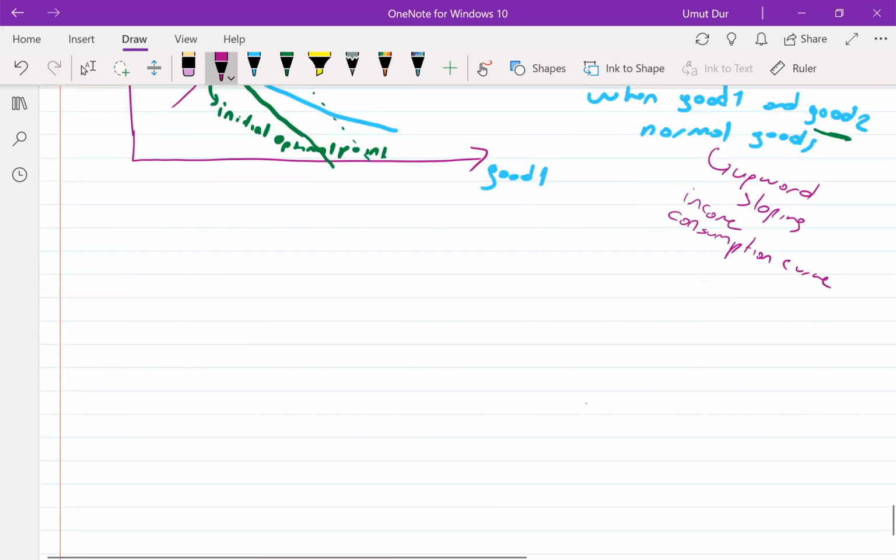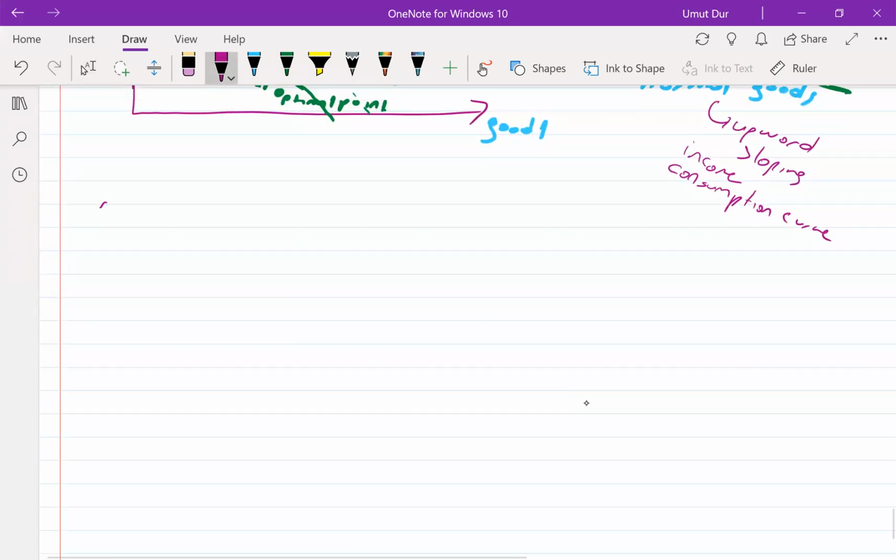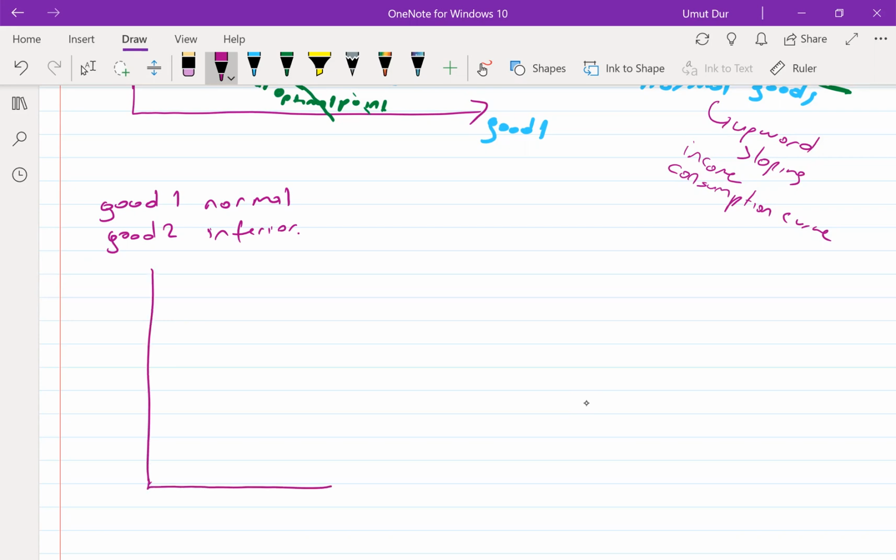So let's think about another case here. Good one is normal, but good two is inferior. We are also looking for the effect of the change in income here.